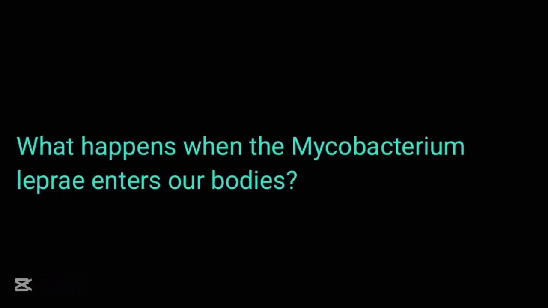When the Mycobacterium leprae enters into our bodies, our immune system will respond differently depending on how competent it is. The immune system, by the way, is the system within our bodies that is responsible for protecting us from invading germs, for example, bacteria. In our context, the Mycobacterium leprae.